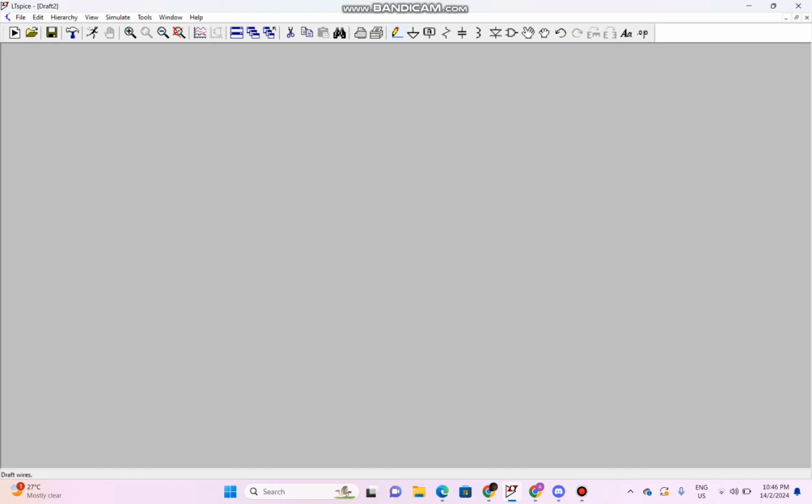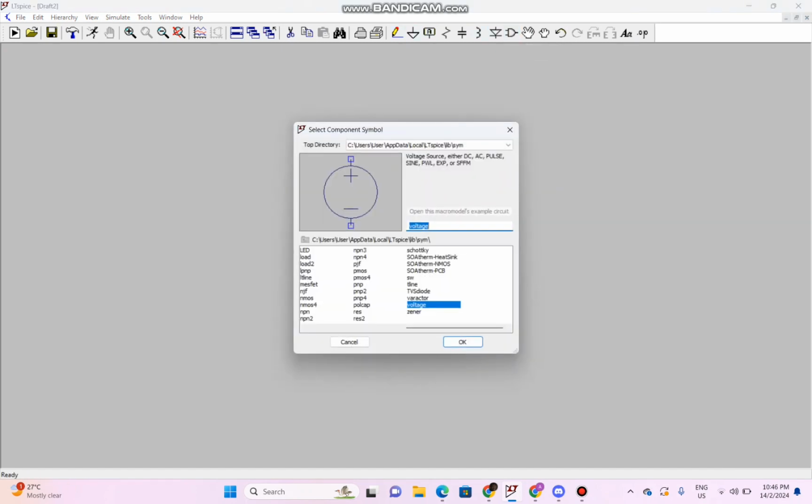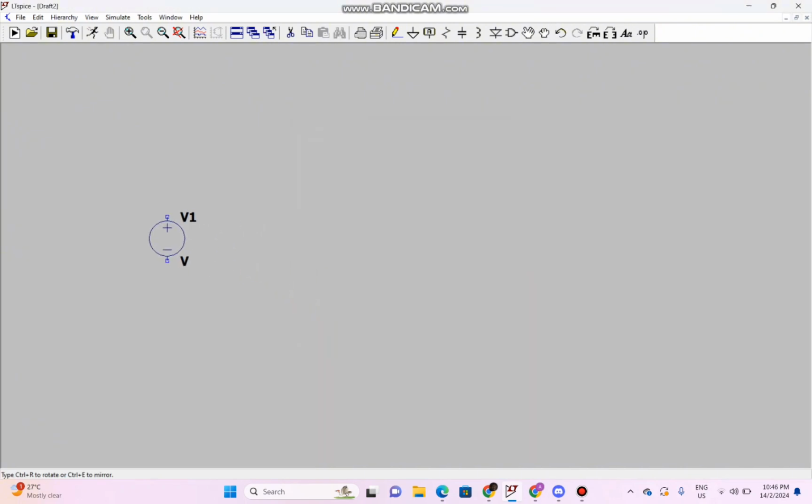Let's dive right into the LTspice components. First we need voltage, and then we need a resistor, rotate it, and then an inductor, rotate it once again, then a resistor, and then an inductor.